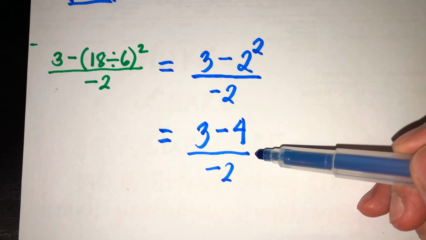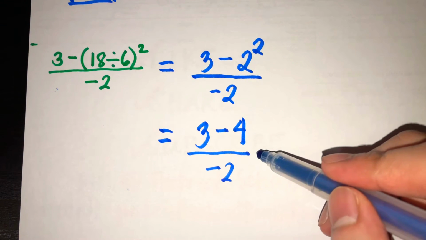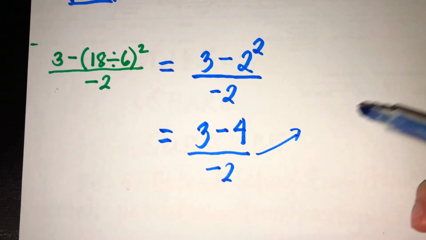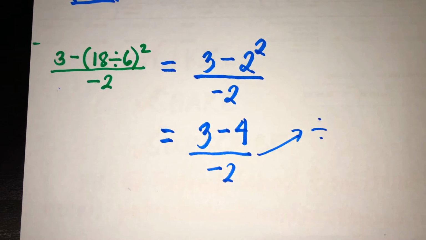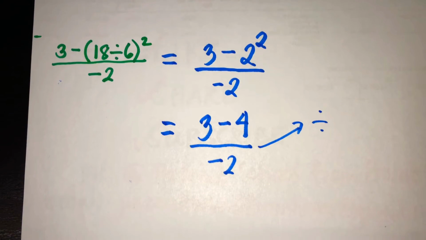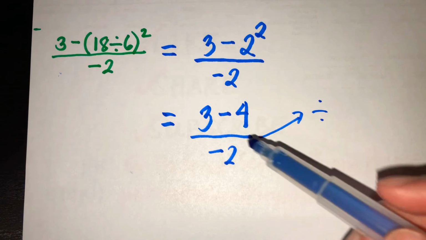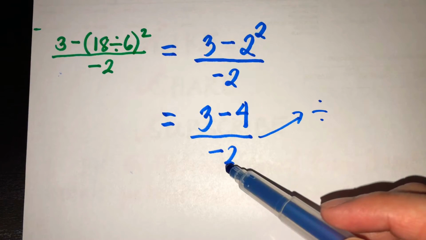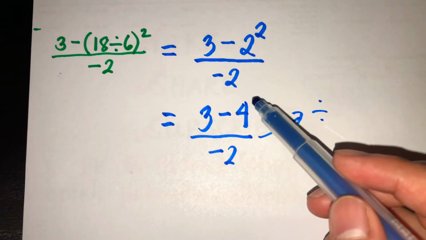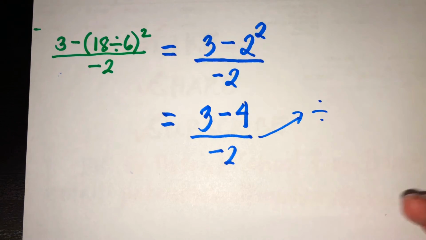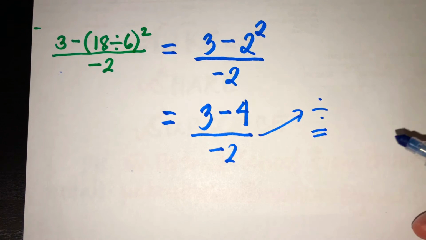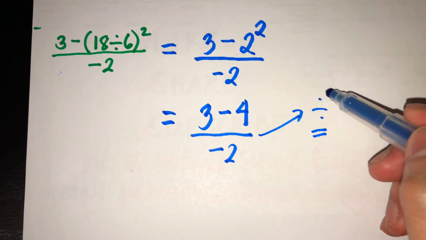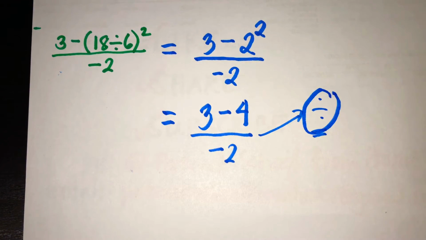Now this fraction can be rewritten as a division operation. How are we going to do that one? Instead of reading it as 3 minus 4 divided by negative 2, which is wrong, we're going to change it so that we can easily see what the operation will be.